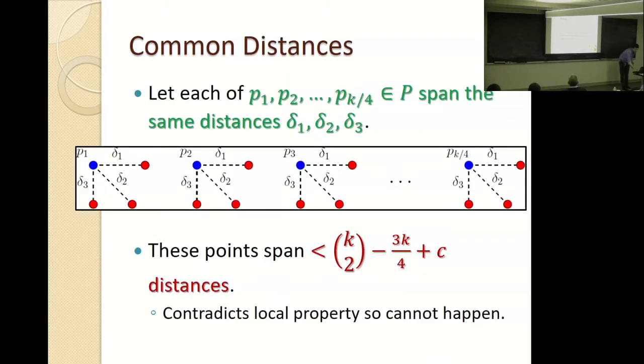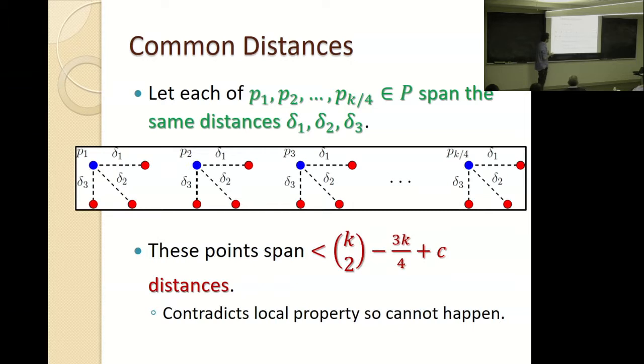Also very simple. Let's look at this case. I have a lot of points, all of these blue points, P1, P2, P3, etc. And I have three distances, delta 1, delta 2, delta 3. Let's assume that P1 spans delta 1 with some point, delta 2 with some point, delta 3 with some point, similarly for P2, for P3, etc. All of these points span these three distances.